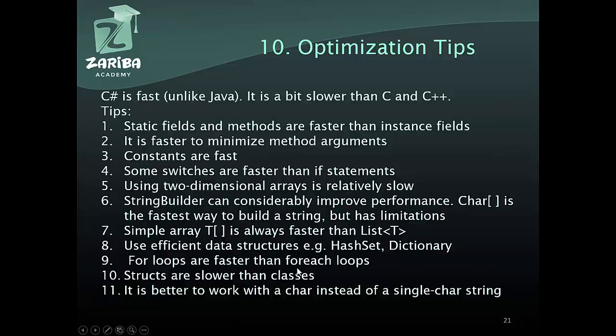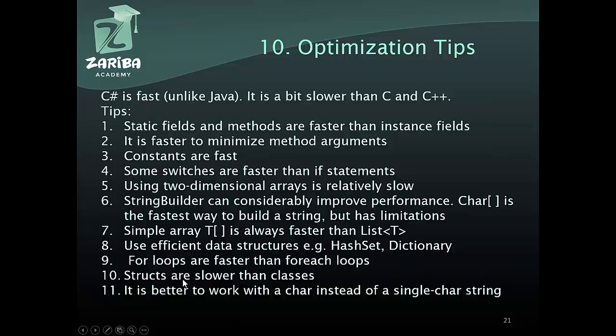For loops are faster than foreach loops. You may have noticed last time when I wanted to implement the IEnumerable interface, I still had to use a for loop and I add something to it. I have to go to a method, yield return values, and so on. So foreach loops are normally slower.